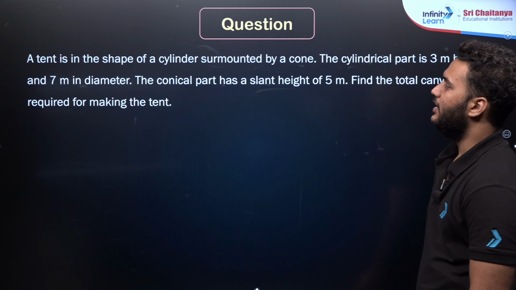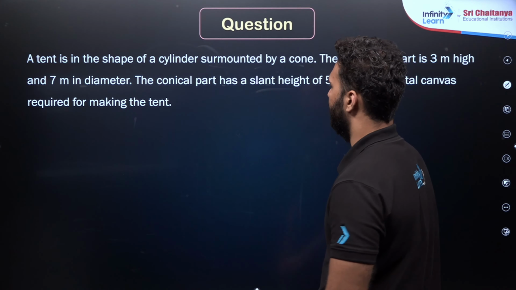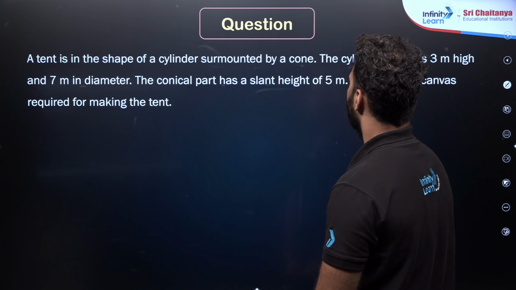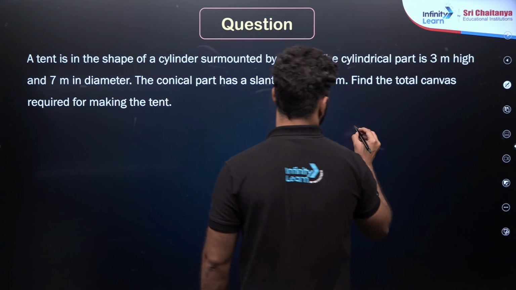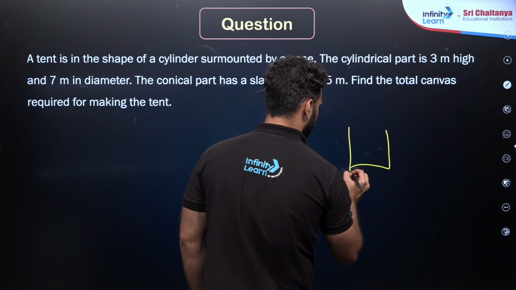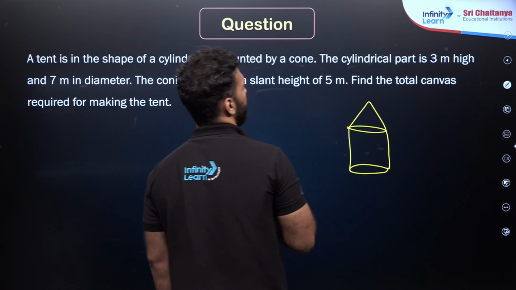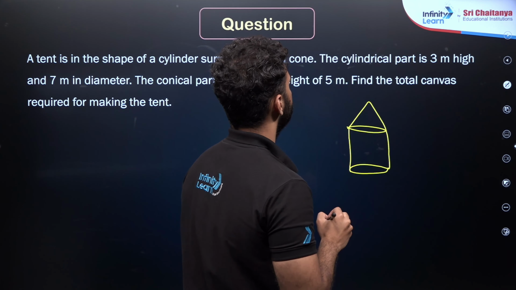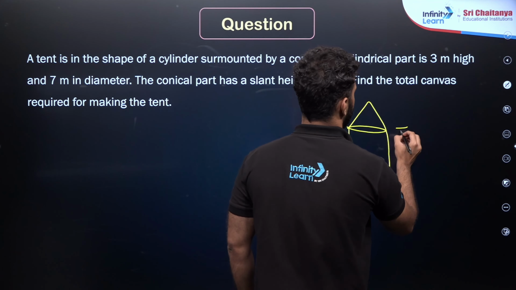Okay. A tent is in the shape of a cylinder surmounted by a cone. This kind of shape we have. The cylinder part is 3 meter height. This height is 3 meter.